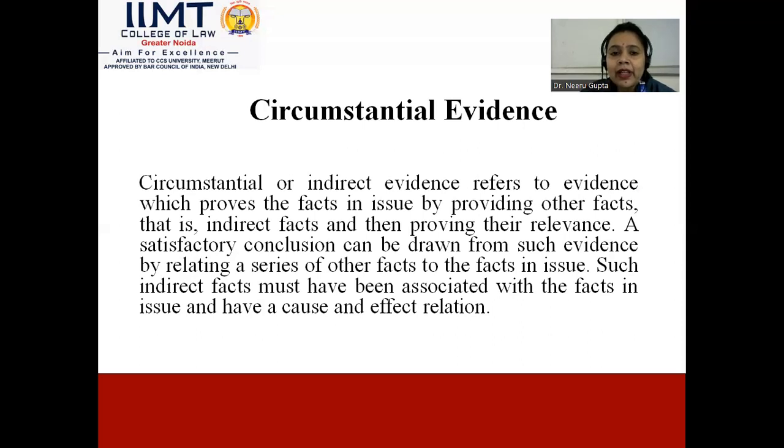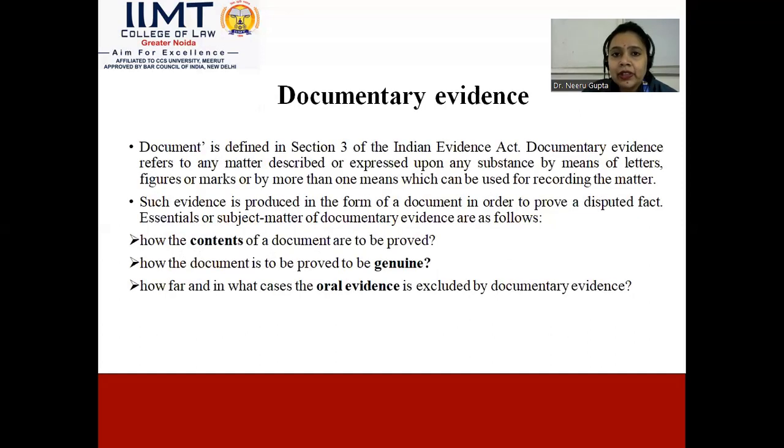A satisfactory conclusion can be drawn from such evidence by relating a series of other facts to facts in issue. Such indirect facts must have been associated with the facts in issue and have a cause and effect relation.